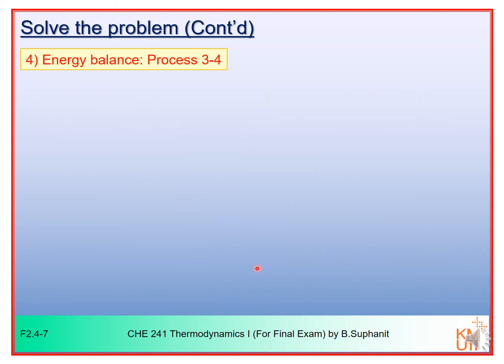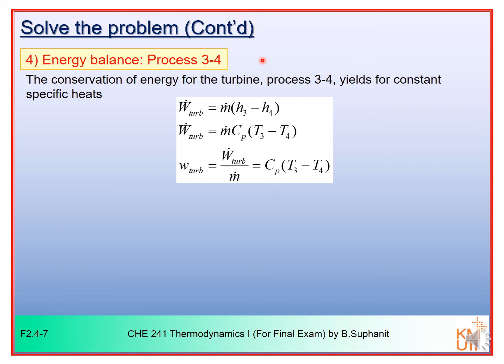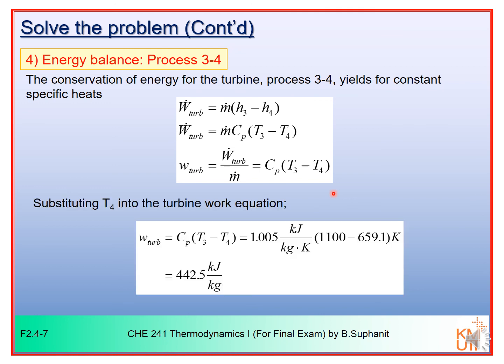In process 3-4, we can do mass and energy balances as done in process 1-2. Combining mass and energy balance equations yields the specific turbine work, or W turbine, as Cp multiplied by T3 minus T4. Substituting all known values, we have W turbine around 442.5 kilojoule per kilogram.